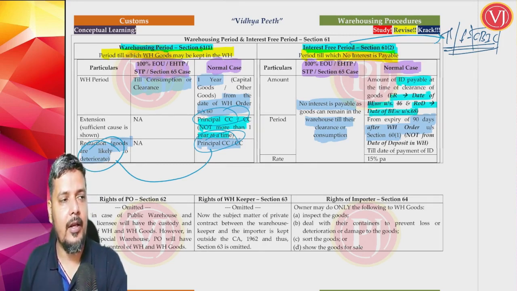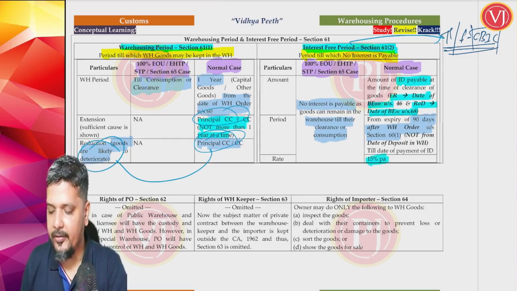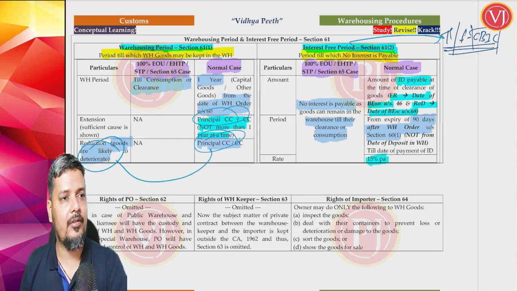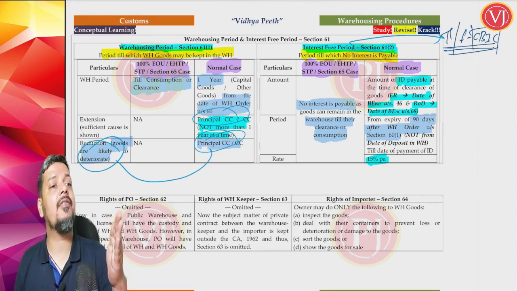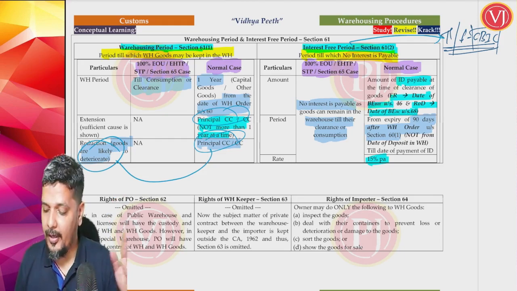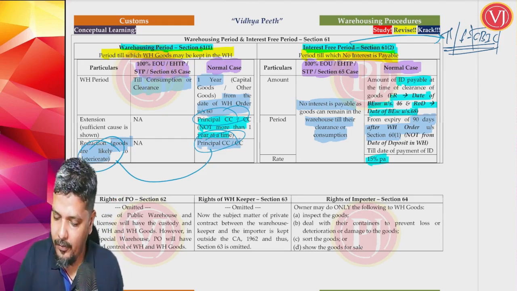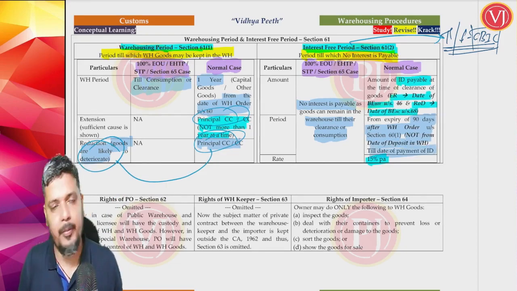And if you are clearing after 90 days, it will be import duty multiplied by interest rate in customs, 15% per annum. Period: 91st day from the date of warehousing order, not actual deposit, till the date of payment.